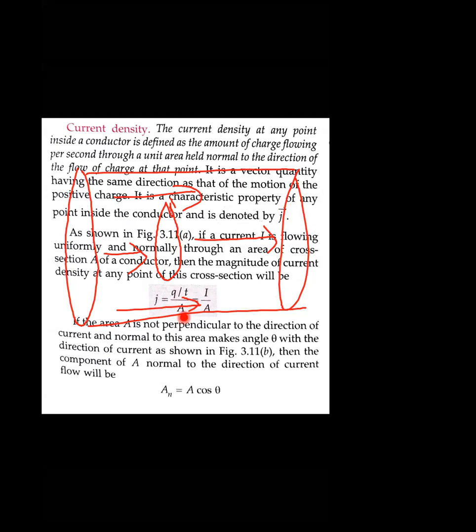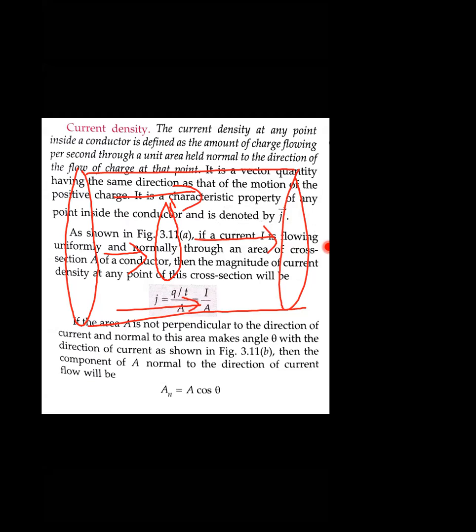Your current is in this direction from left to right, and the area of the cross section is like this and the direction of current is like this. So the cross section and the current are at 90 degrees to each other.